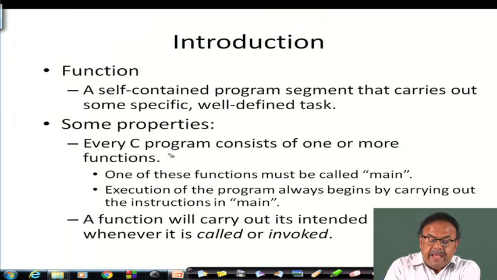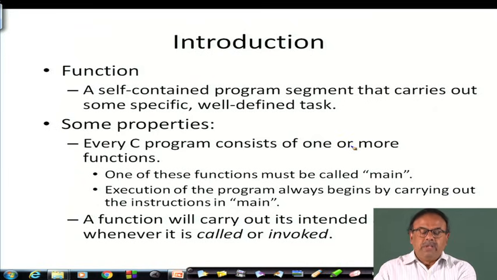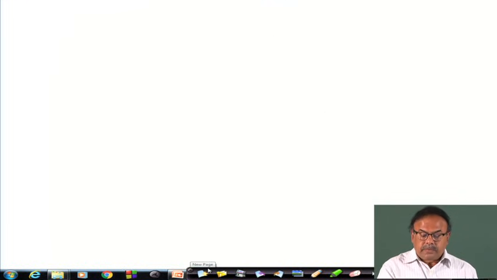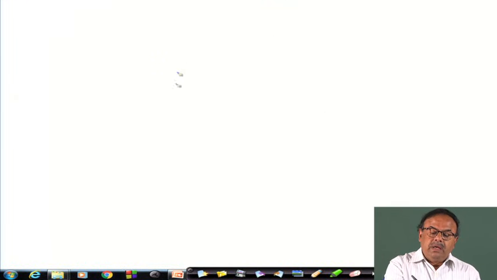We will see this later, but this is the reason why we say that every C program must consist of one or more than one function. One of these functions must be called main, and the execution of the program always begins by carrying out the instructions in main. That is the entry point. I cannot say that main will be somewhere in the middle.